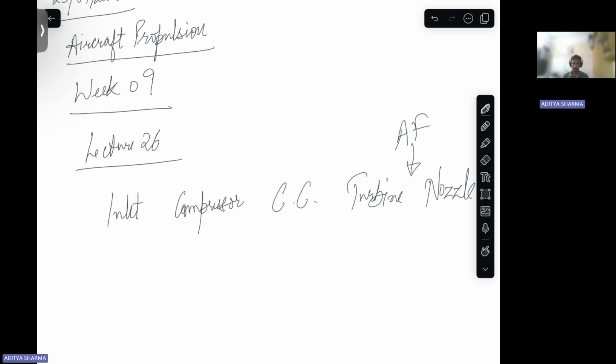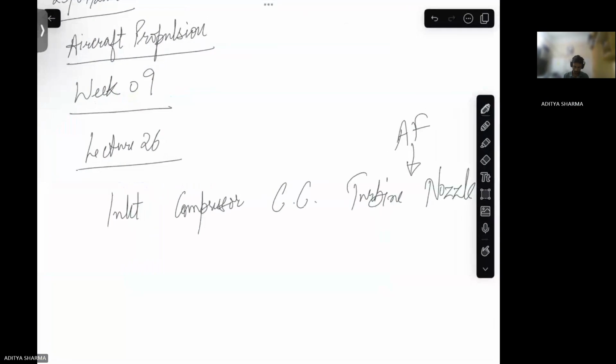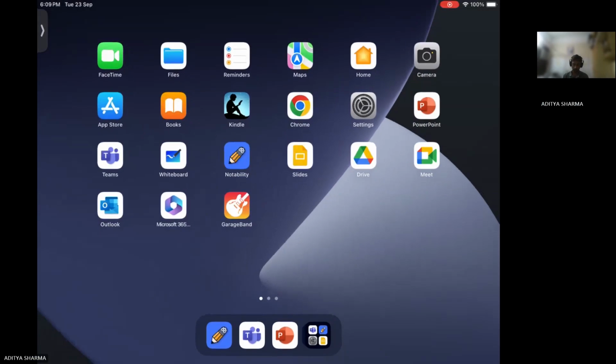Okay, so now we are taking this part, right? Compressors to compress our working fluid, the air that is coming inside the engine.